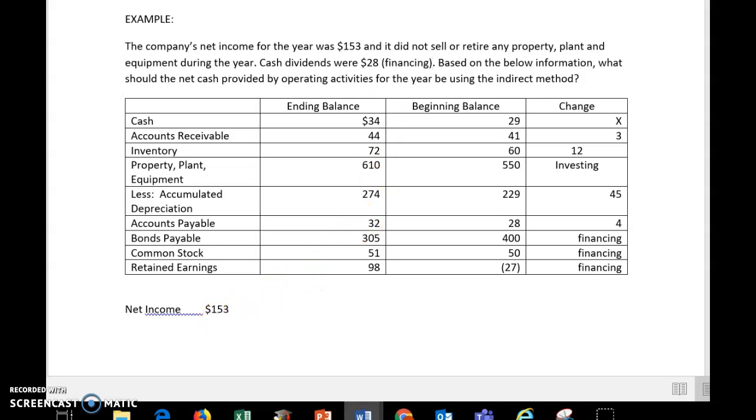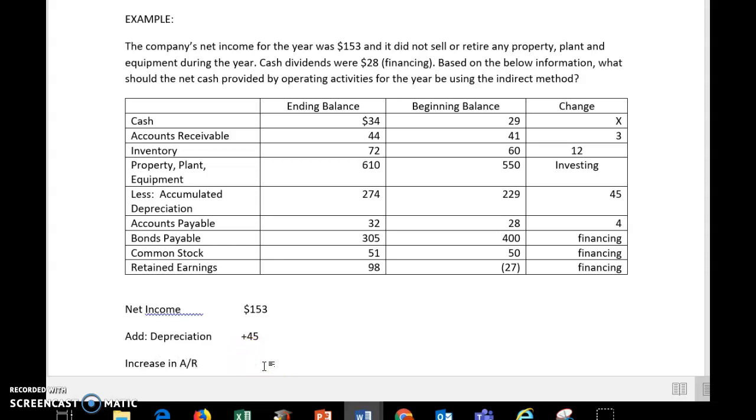Next, we're going to go through and say, always remember to add back depreciation. It's because that's one of those items that are easy to forget. So we'll add back that 45. Then I have an increase in accounts receivable.